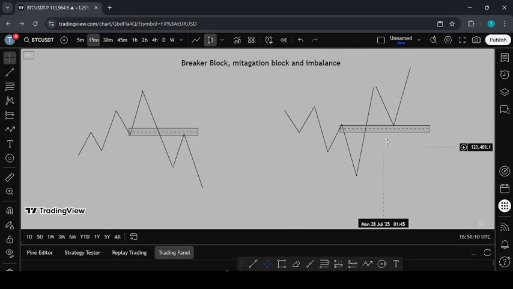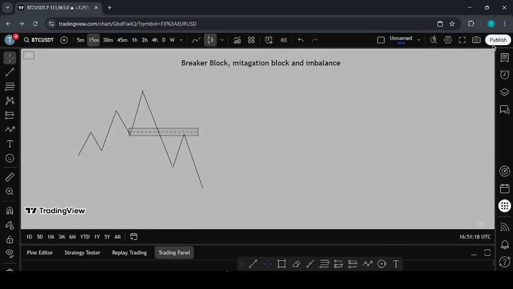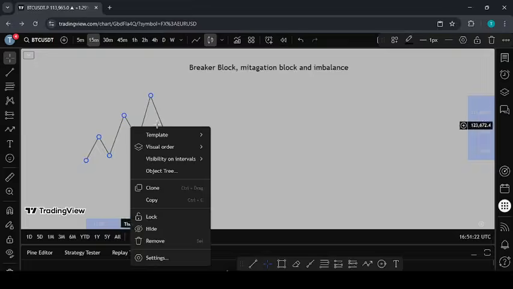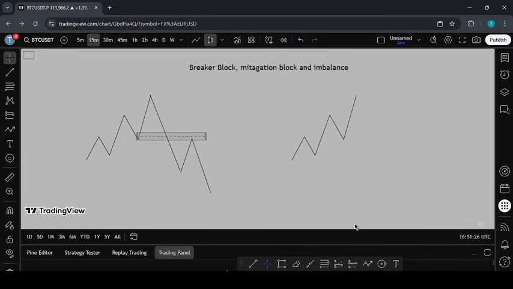So we are not looking for a structure like this. Say for example, let me take this out. Okay, we're not looking for something like this. Let me clone this. Then you say, okay, this is an order block. This is your order block.